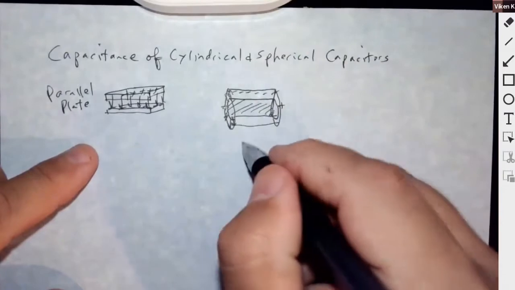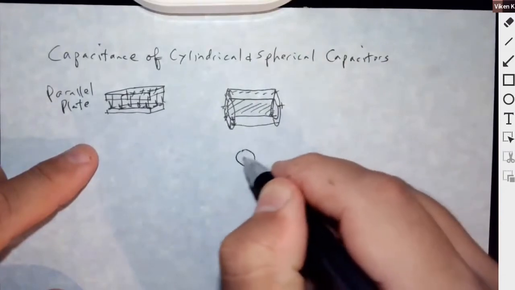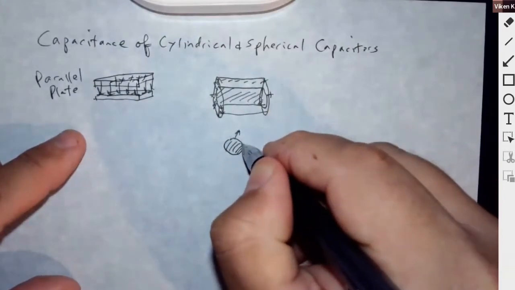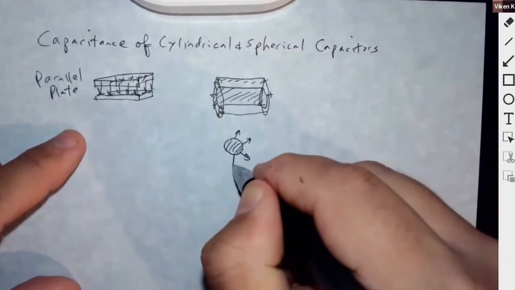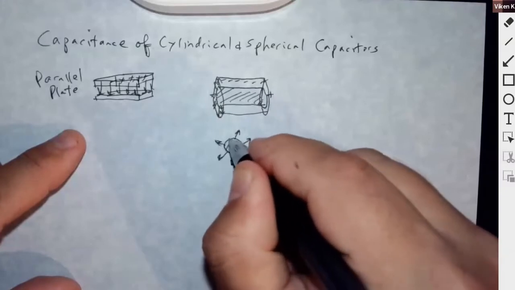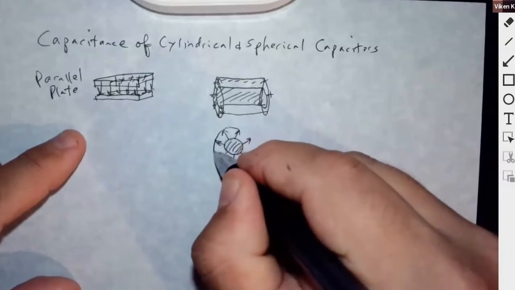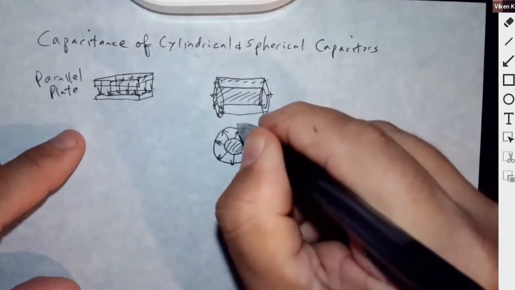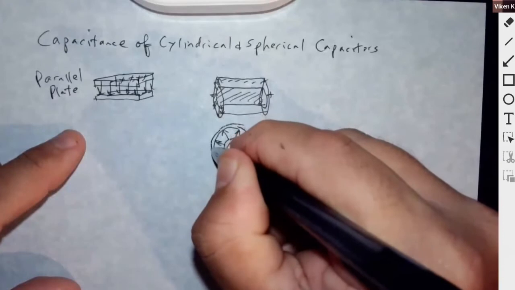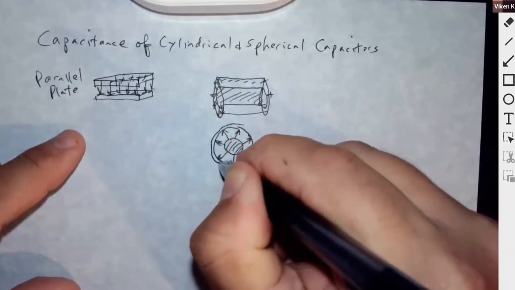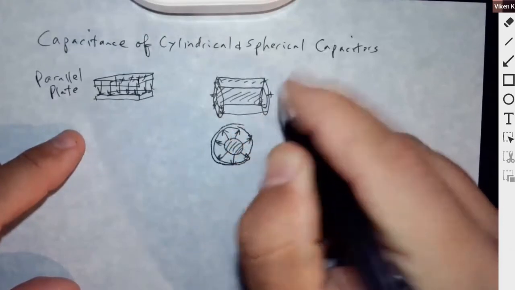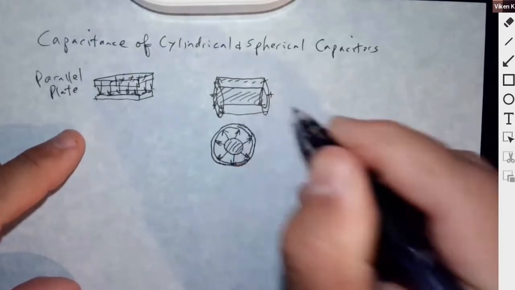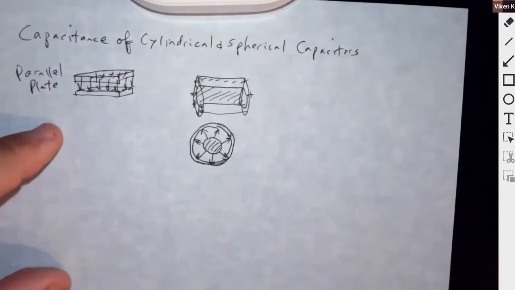So the cross section of this would look like this. This is the inside cylinder. The electrical field is going this way. And then you have the outside cylinder. Could be a very thin shell like this. Like that, okay?